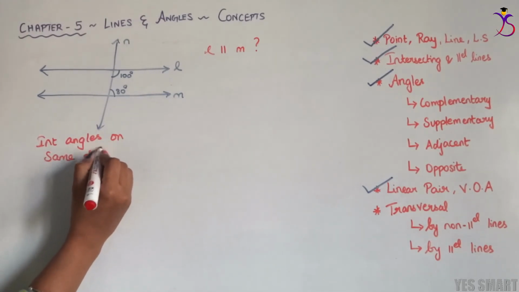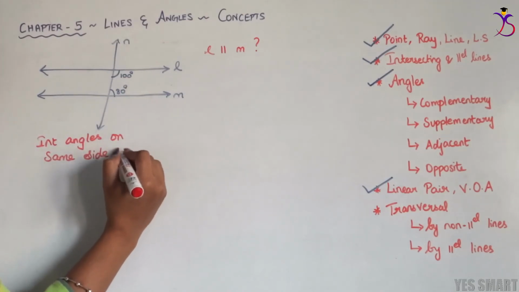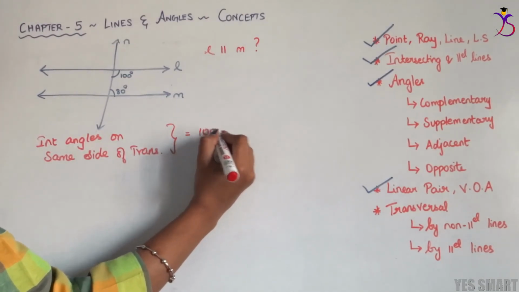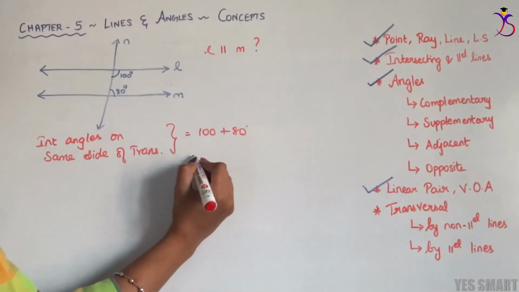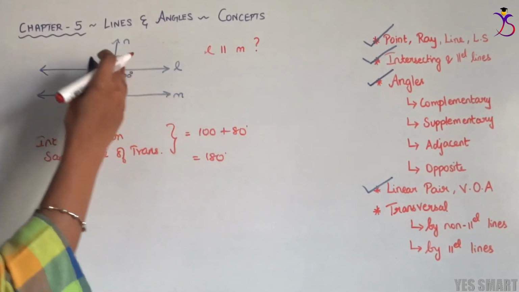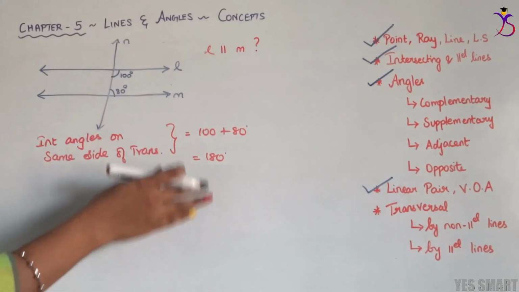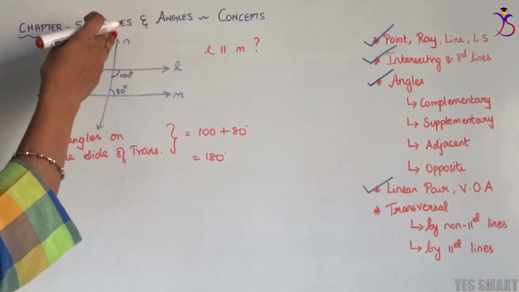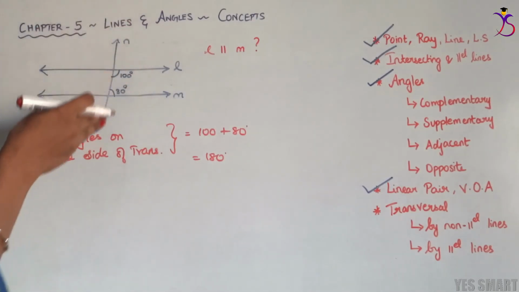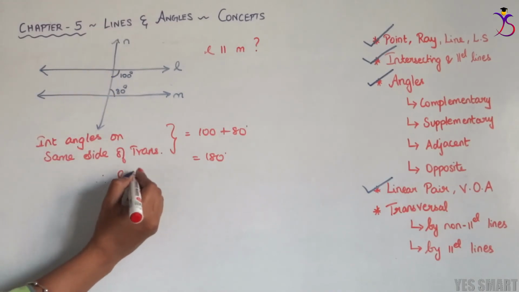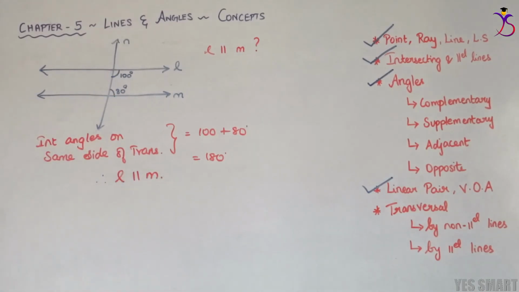Interior angles on the same side of the transversal: 100 plus 80, which is 180. Therefore they are supplementary. Hence we already know that co-interior angles are supplementary if and only if the transversal cuts the parallel lines. So here the co-interior angles are supplementary. Therefore we can conclude that line L is parallel to line M.